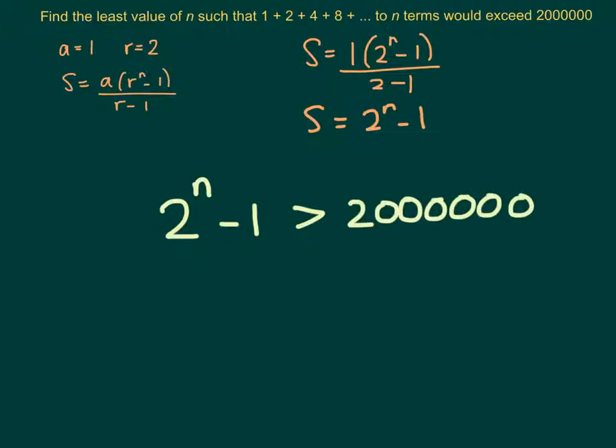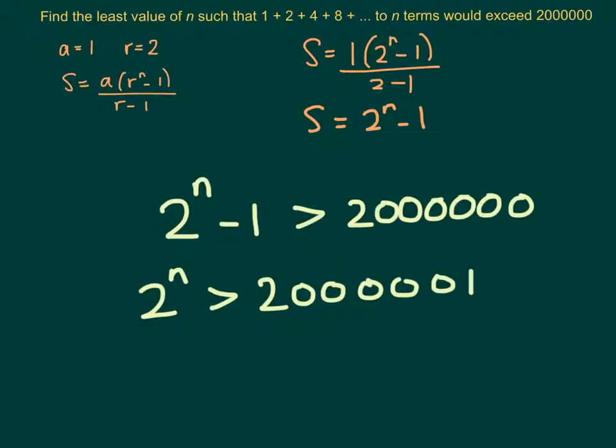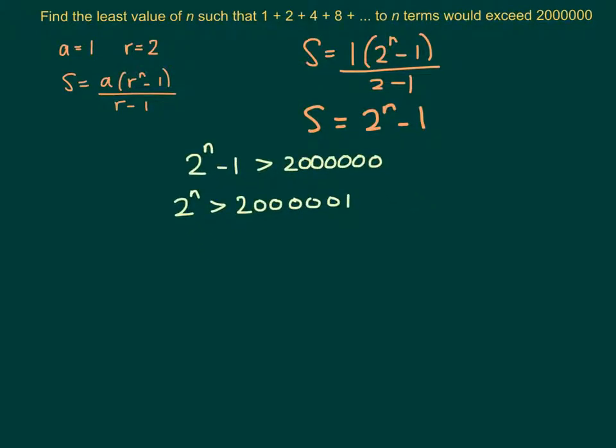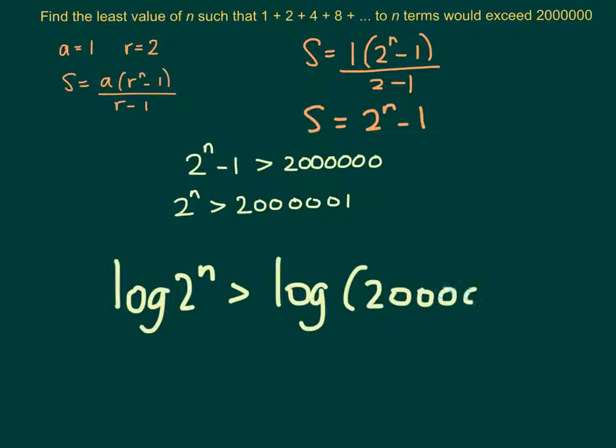If we take the 1 across, that's going to give us 2 to the power n is going to be greater than 2 million and 1. Then if we take the logs of both sides, we'll have log of 2 to the power n greater than log of 2 million and 1.